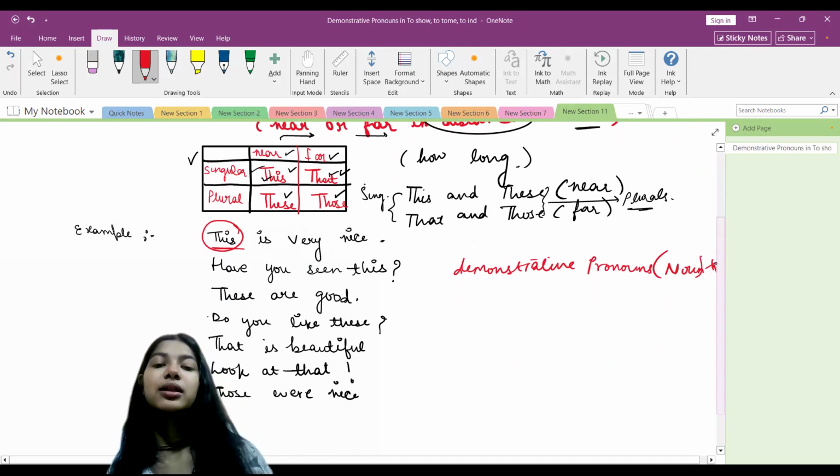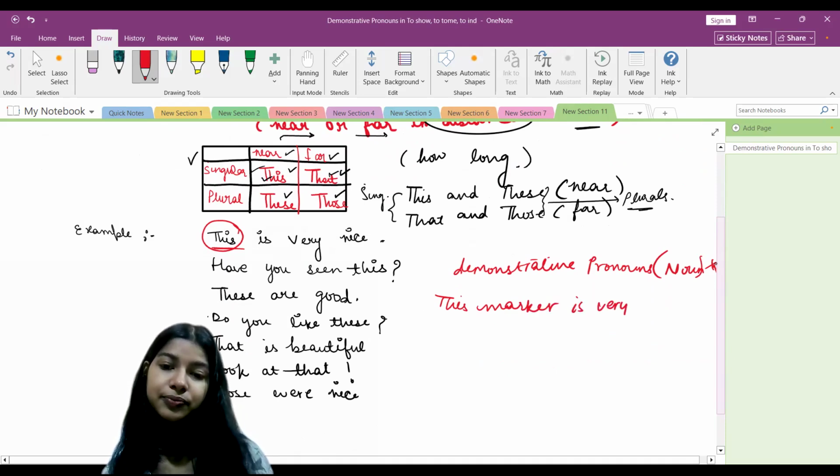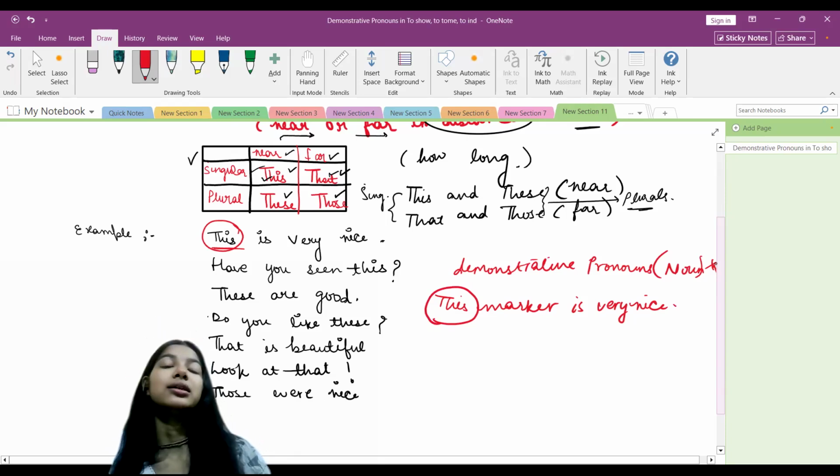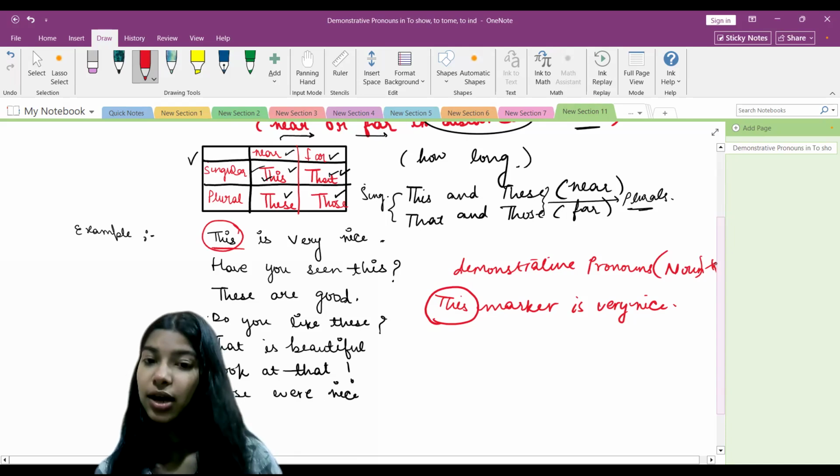Let's take one example: this marker is very nice. Here, this is not the demonstrative pronoun, it is a demonstrative adjective.